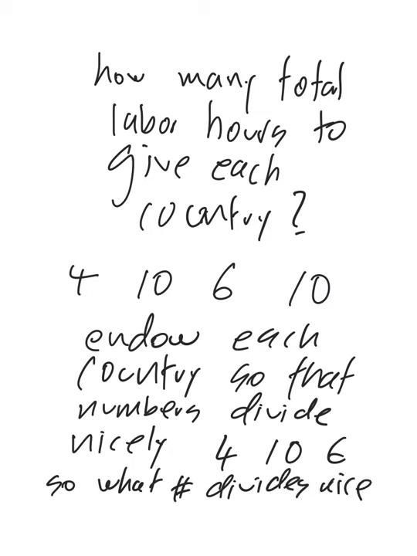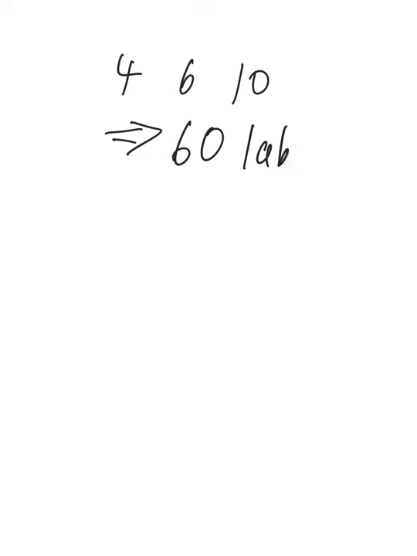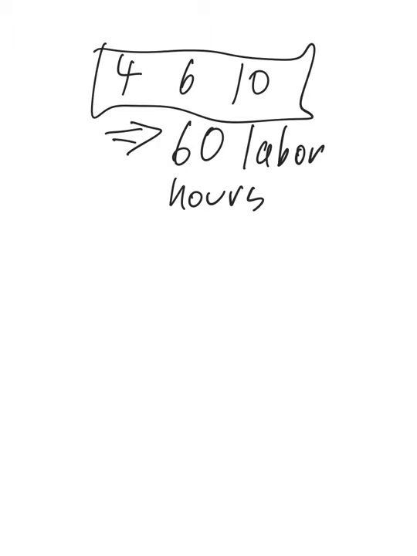Well, here it is. So you've got 4, 6, 10. Well, obviously that implies if I give each country 60 labor hours to work with, I'll be able, through division, to get nice numbers. So I look at 4, 6, 10, I choose 60.